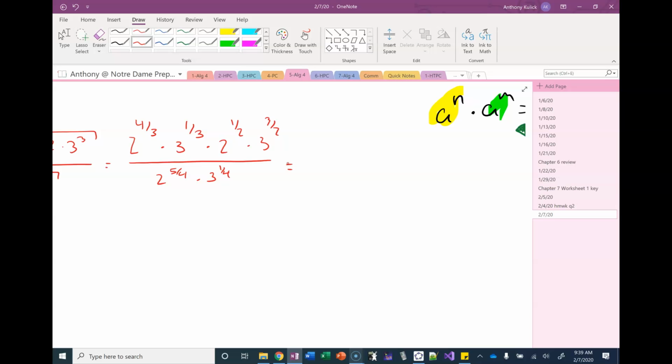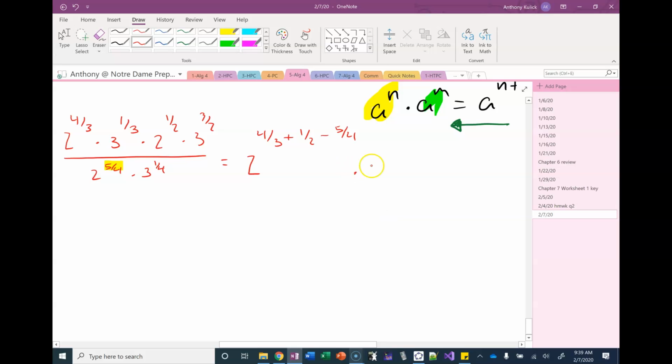Now I'm going to combine all the 2's together. So I'm going to have 2 to the 4/3 plus 1/2, and because I have the 5/4 in the denominator, I'm going to have minus 5/4. Is everybody okay with why I'm subtracting there?